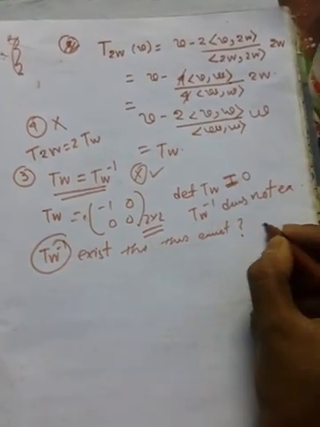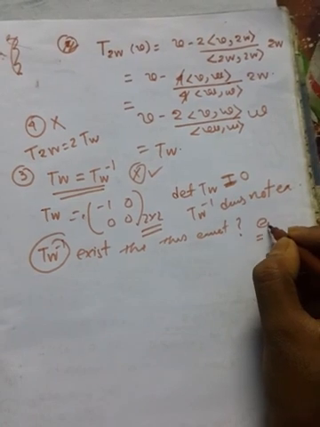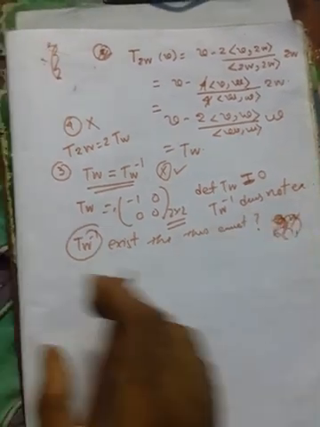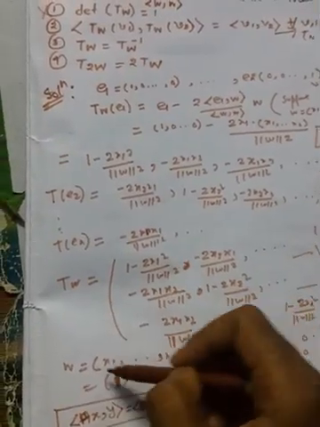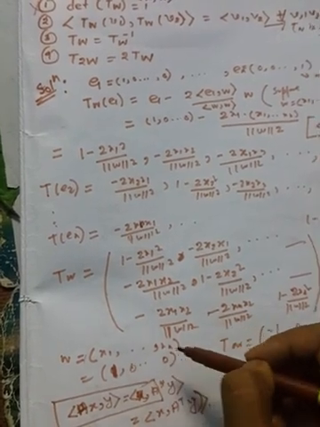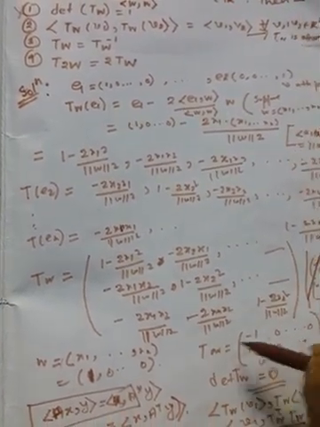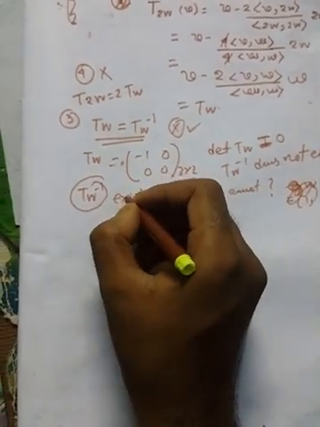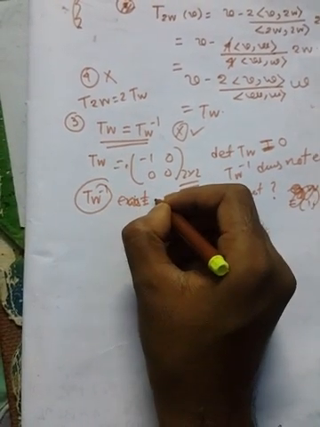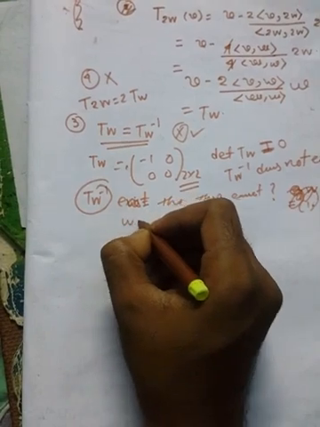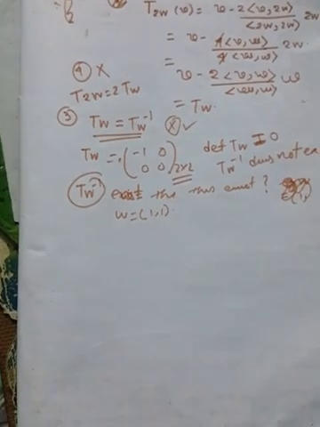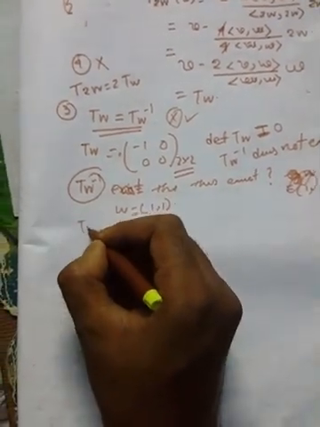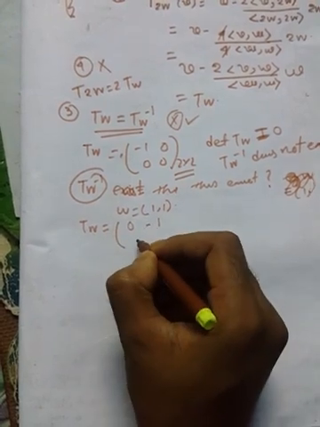We take W equal to 1 and all other components 0. Then in this case TW inverse does not exist. So if we take W equal to, suppose, (1, 1), then TW becomes the matrix 0, minus 1, minus 1, 0.